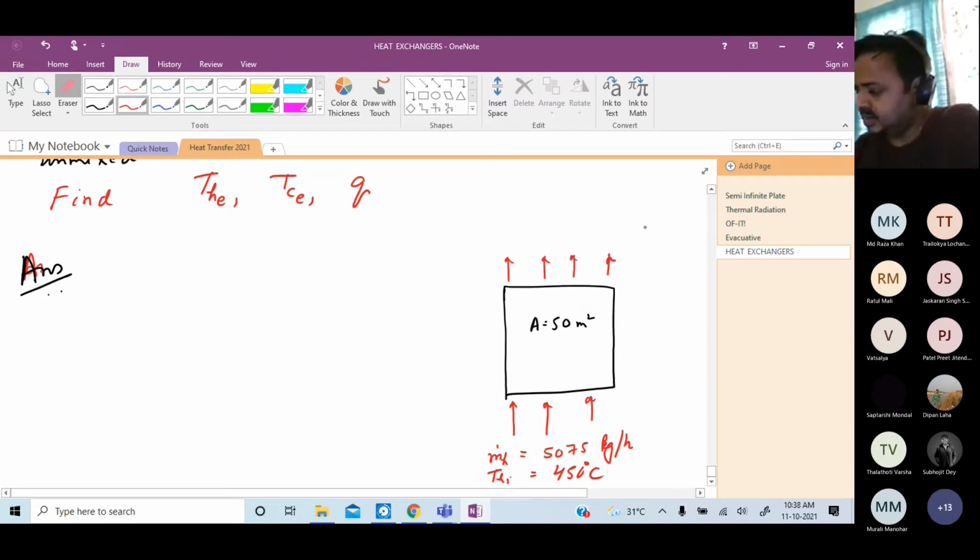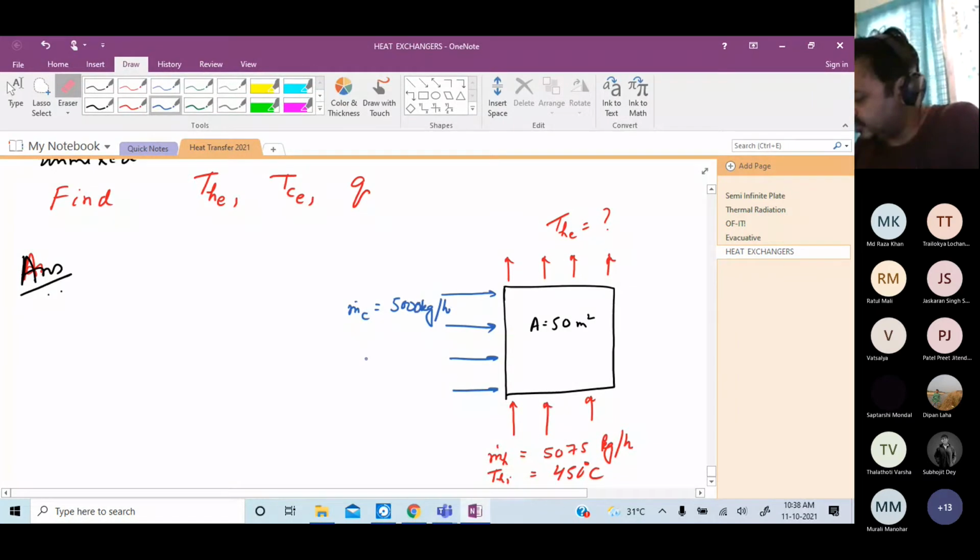Hot gases exiting, I don't know what is THE. Similarly, cold fluid coming in, m dot c is 5000 kg per hour, and Tci is 170 degrees. And here again Tce, I don't know.